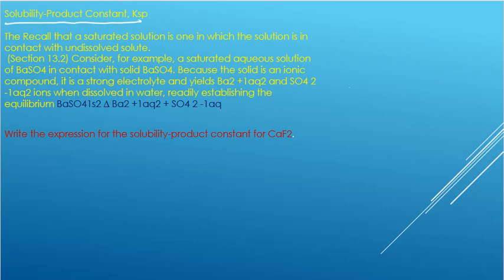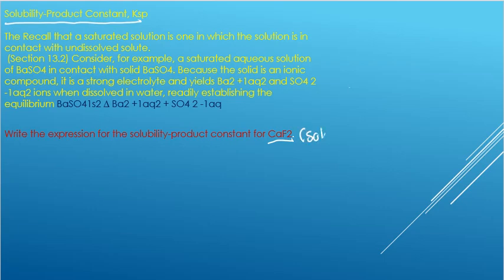Now, we have this question. They're saying we write the expression for the solubility product constant for calcium fluoride. In this case, the first thing to do is to imagine this compound as a solid.